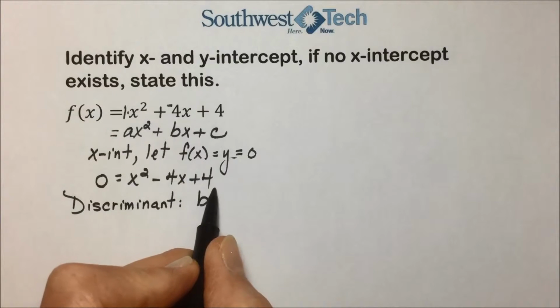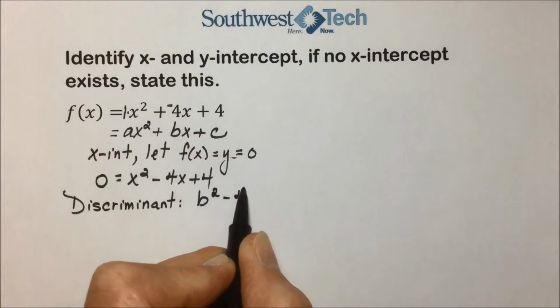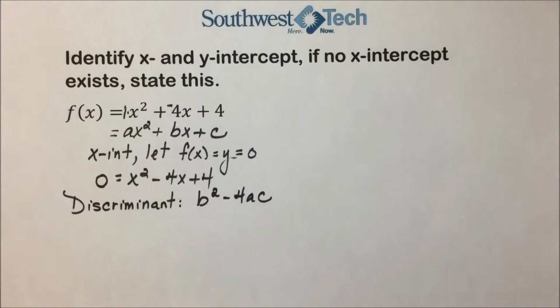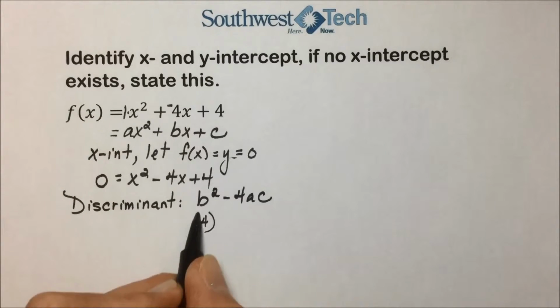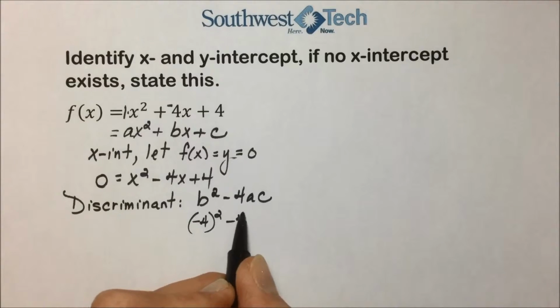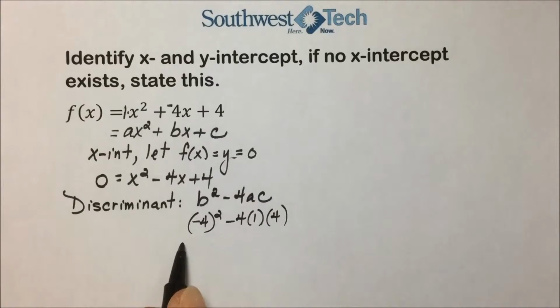The discriminant is the quantity underneath the radical, b squared minus 4ac, in the quadratic formula. So calculating that out, our b is a negative 4. We will square that. Minus 4 times a, which is 1, times c, which is 4.